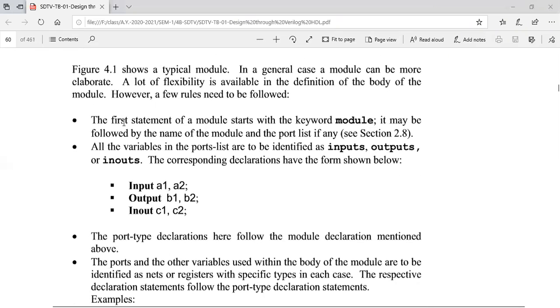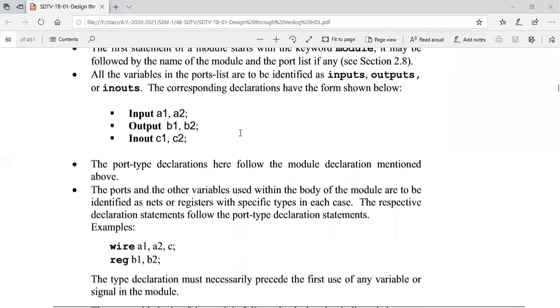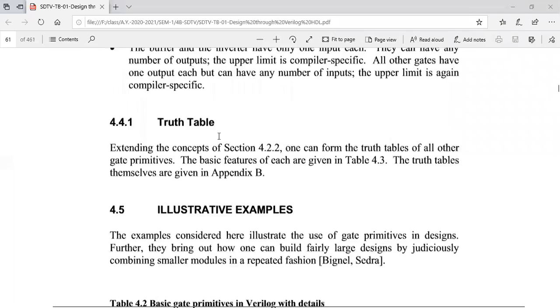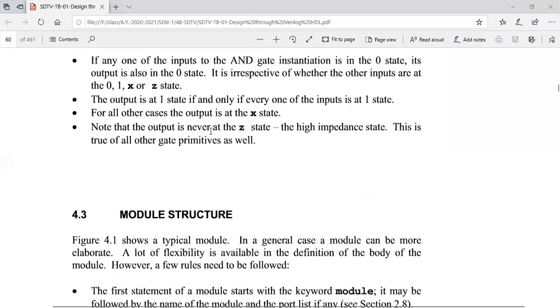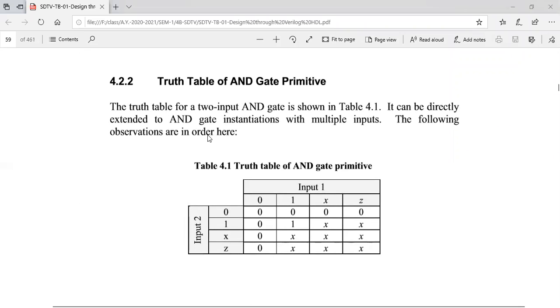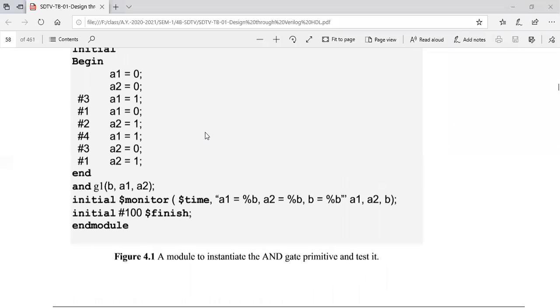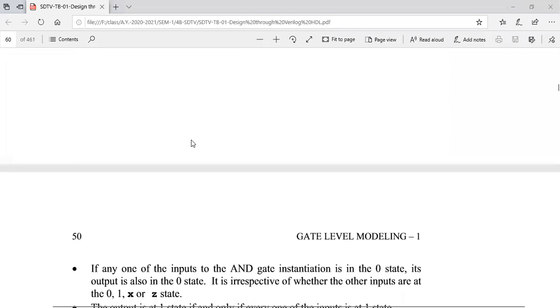Now you see what the general module structure is. The general modular structure, if you see, is the test bench waveform generation.